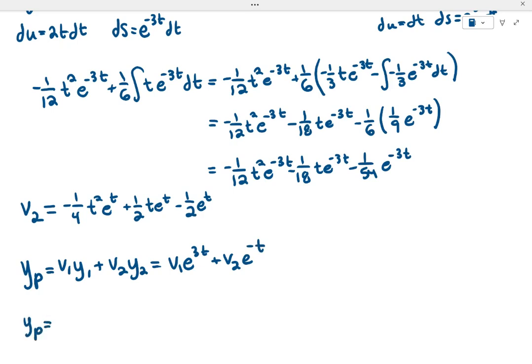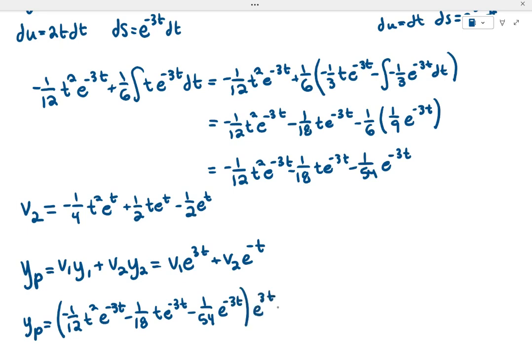So yp equals open parentheses negative 1/12 t squared e to the negative 3t minus 1/18 t e to the negative 3t minus 1/54 e to the negative 3t, close parentheses e to the 3t plus open parentheses negative 1/4 t squared e to the t plus 1/2 t e to the t minus 1/2 e to the t, close parentheses, times e to the negative t.